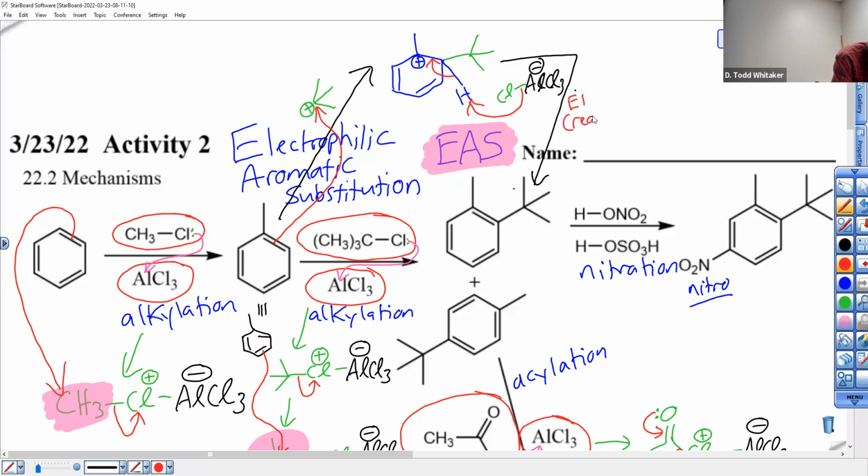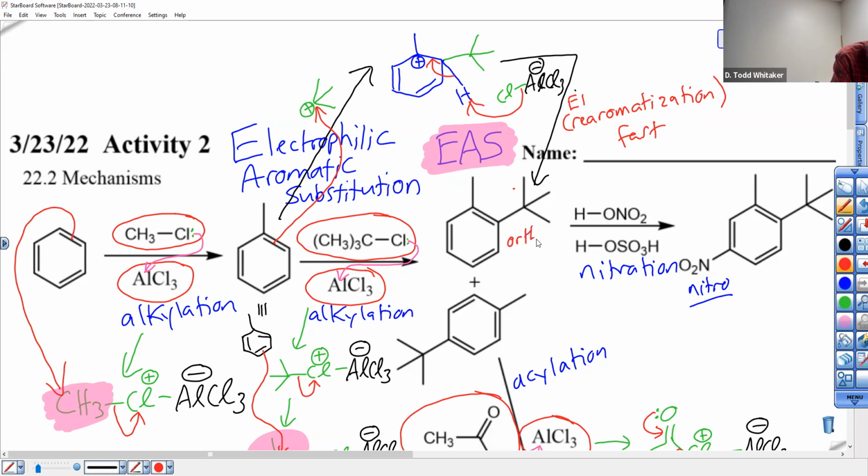In this case, the E1 is so fast because it's taking a molecule that wasn't aromatic. Re-aromatization. Fast. Anytime you make something aromatic that wasn't, it's fast. Good. So that gives us the ortho product.